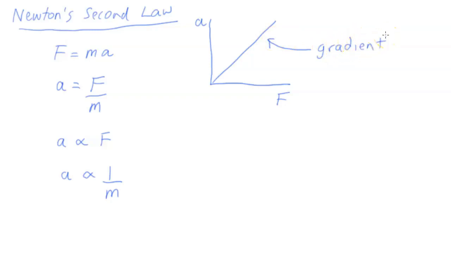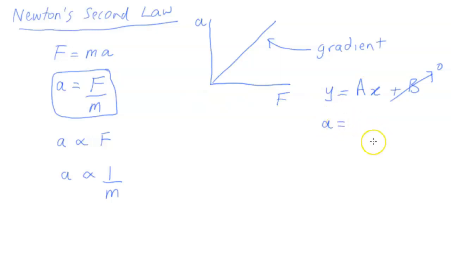But if I go back to the equation and rewrite that, in this form, y equals a times x, we've got no y-intercept, so that is 0. So we're just worried about this part. We know the acceleration is on the y-axis and the force is on the x-axis, so acceleration is y, force is x.